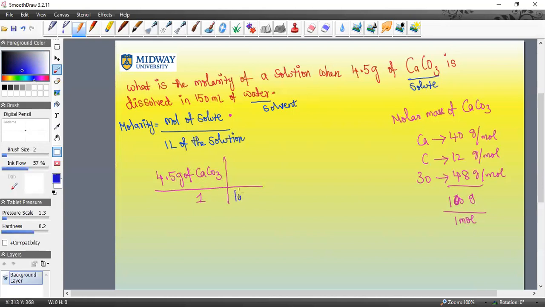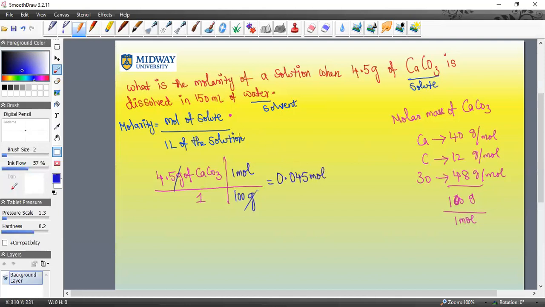So the 100 grams goes on the bottom and the 1 mole goes on the top. The grams cancel out, and we're left with moles. So it'll be 4.5 divided by 100, which is 0.045 moles.